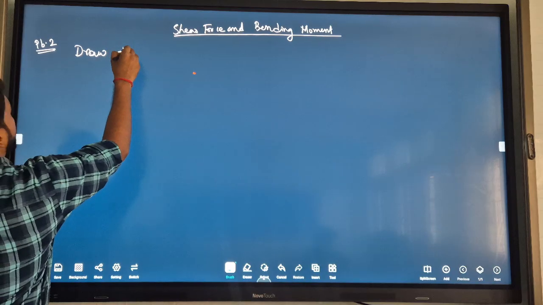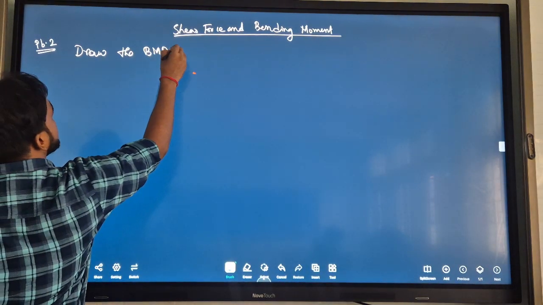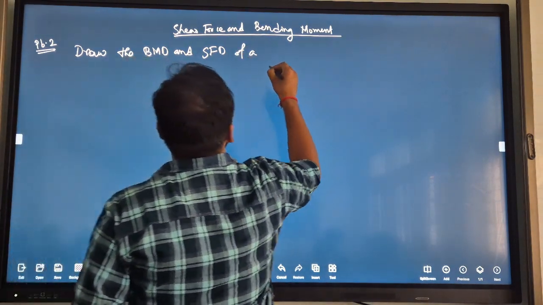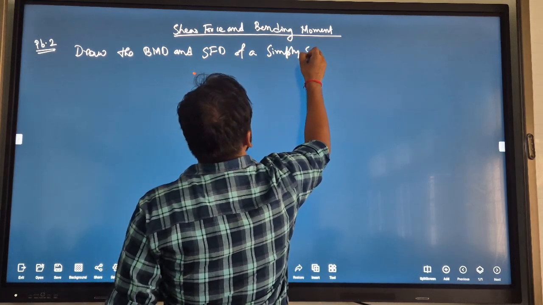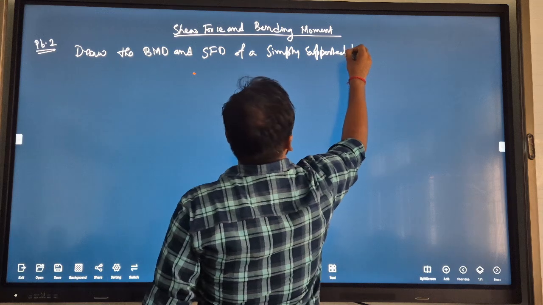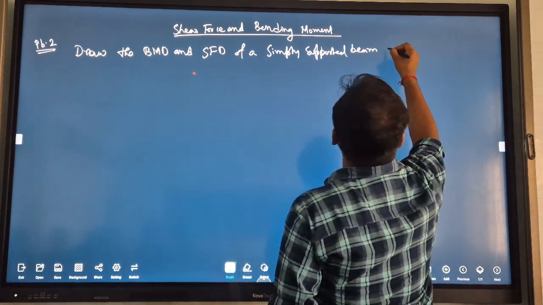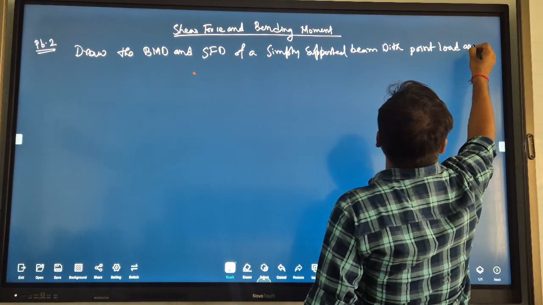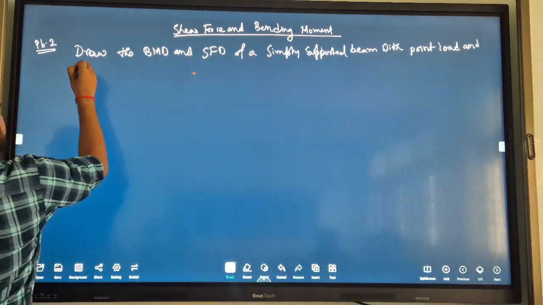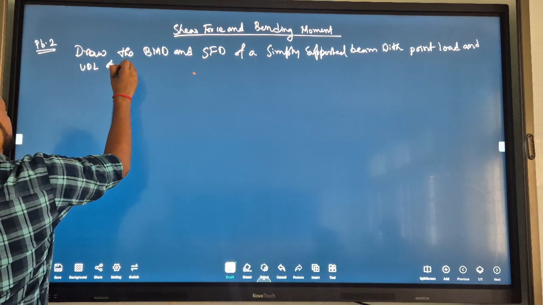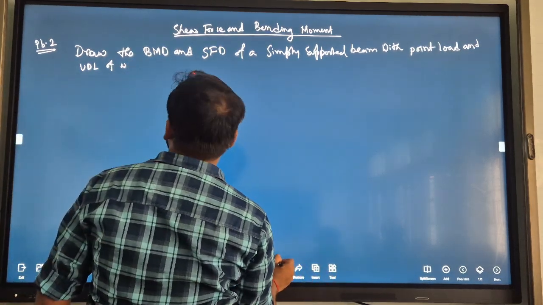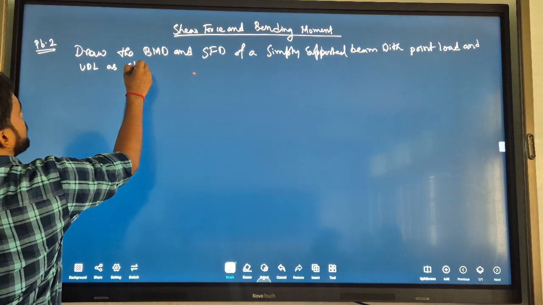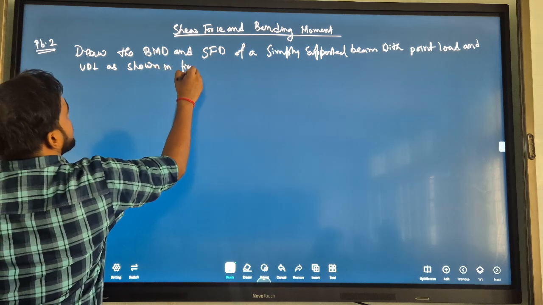Draw the BMD and SFD of a simply supported beam with point load and UDL as shown in figure.